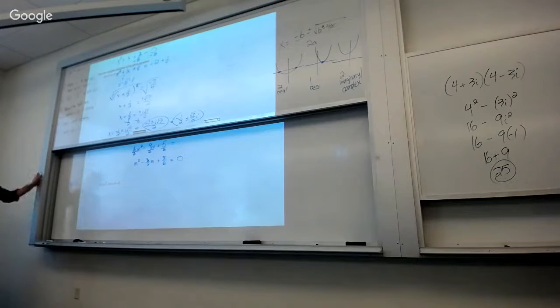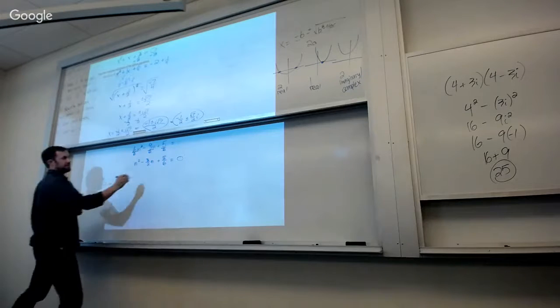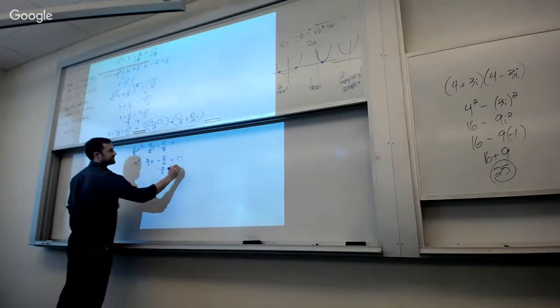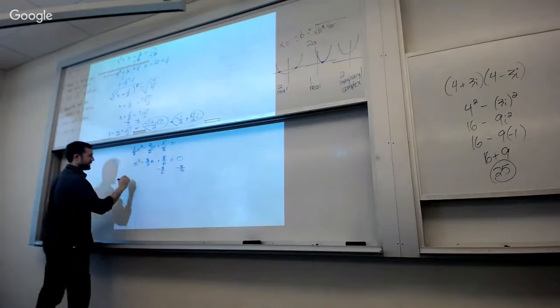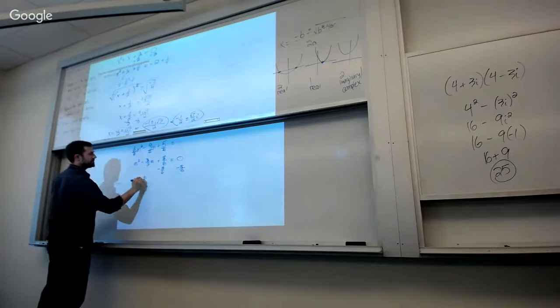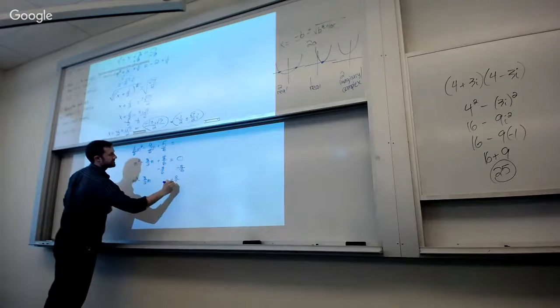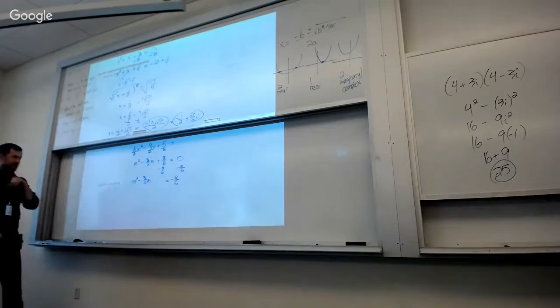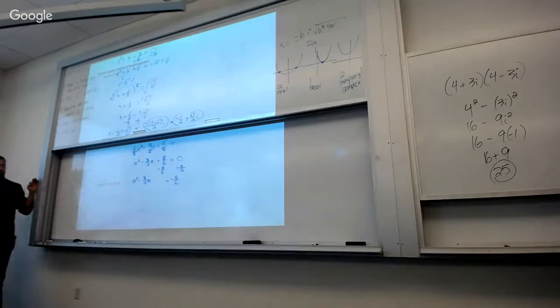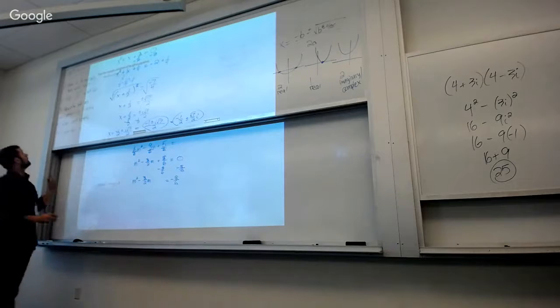Oh, you know what? I wouldn't give you this problem on the test. Because now what would we have to do? We're going to have to subtract 5 sixths. And so then you have m squared minus 3 halves m, leave a space, equals negative 5 sixths. I mean, I suppose I could. And then you have to divide it by 2.